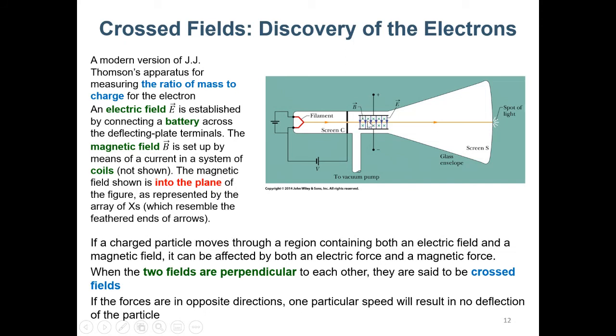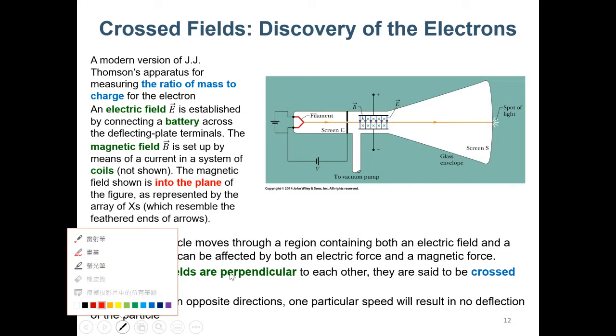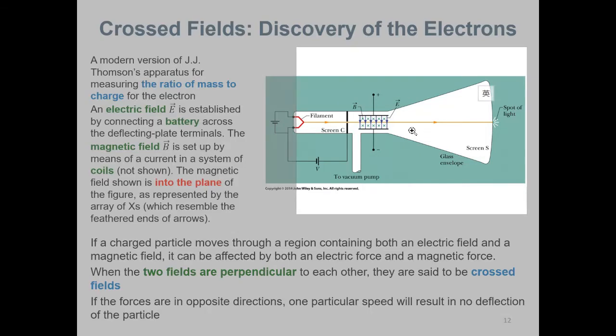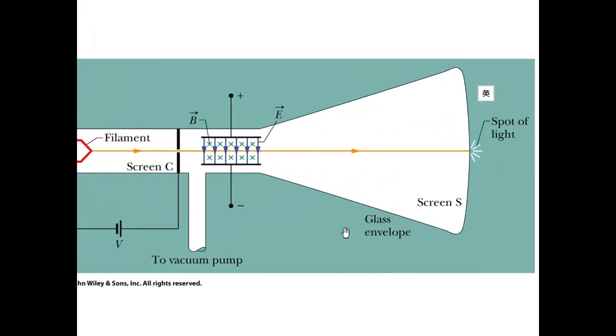If there is some imbalance, there may be some force acting on it, then it will bend to one side, because you can simply imagine: considering the E field pointing this side, and the electron is a negative charge, so the Coulomb force will point upward.